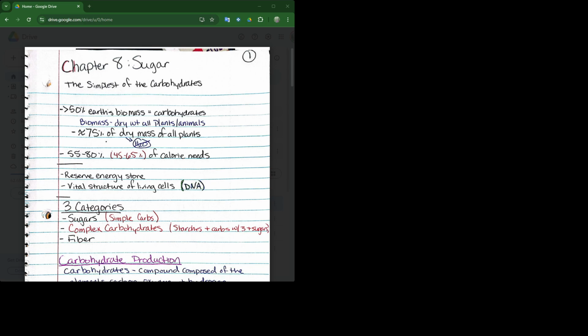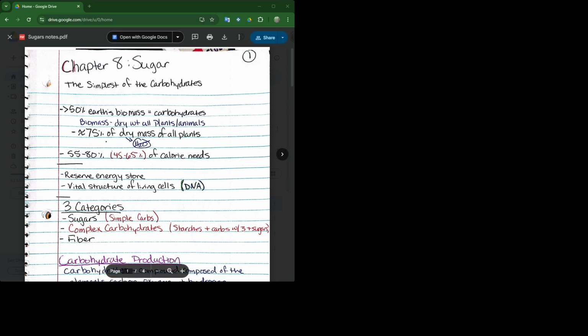And so it's saying that carbohydrates are a reserve energy store, okay? And so I shortened that, right? It's reserve energy store for all living things. Well, okay, yeah, living things are what need energy, right? Things that are inanimate don't need energy. So I don't need to write all of that. And form the vital structure of living cells, right?